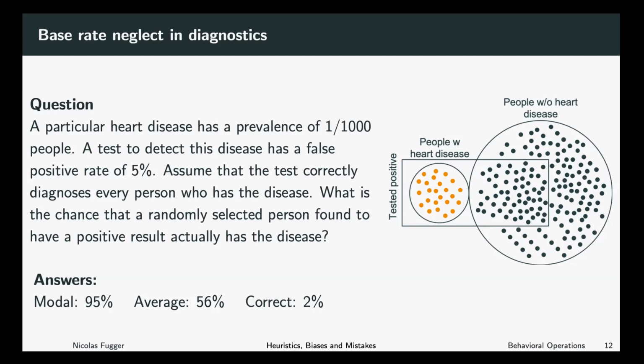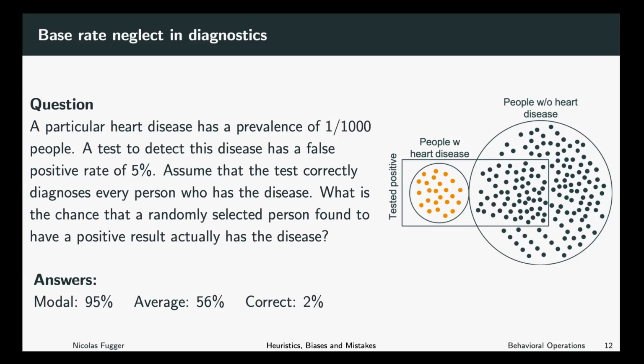And if we have way more people without the heart disease, the 5% of this way more people might be even larger than the fraction of people with the heart disease. So those who give the wrong answer neglect the baseline and only concentrate on the test accuracy.